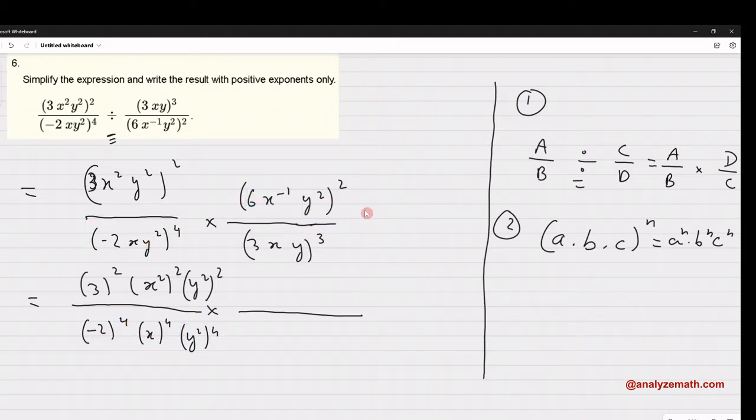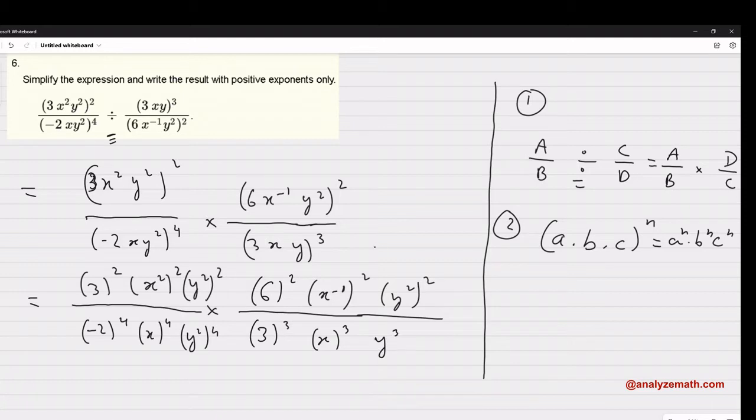Same thing here: it will be 6 power 2, x minus 1 power 2, y power 2, everything to the power 2. And here, this is my a, b, c, and I do the same thing: 3 power 3, x power 3, and y power 3.